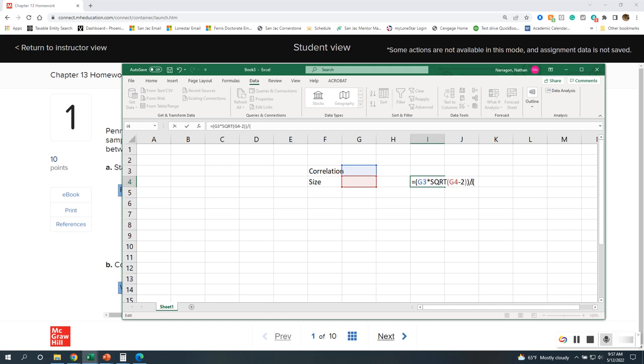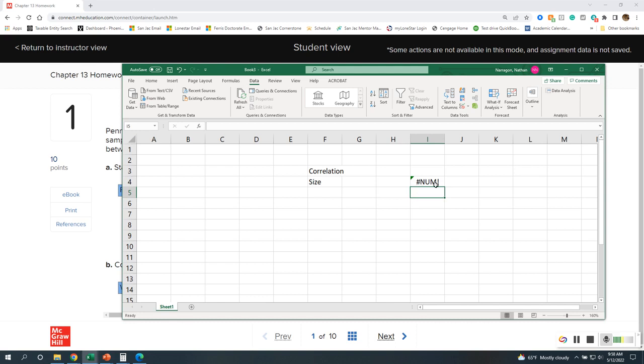So it's going to be divided by the square root of 1 minus power. Remember, you got to put the power formula because we're going to be squaring. So our correlation, comma, 2. And one more. There we go. Because they have multiple parentheses there. Alright. So there's our formula.